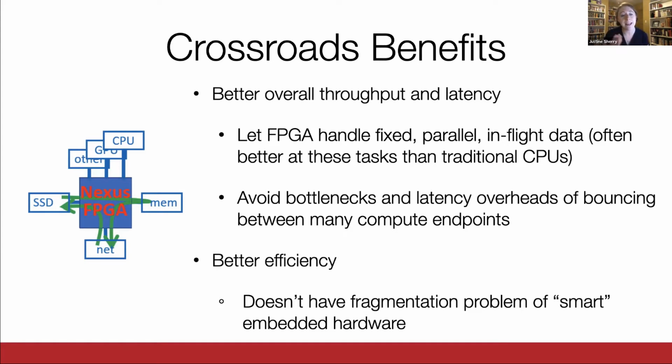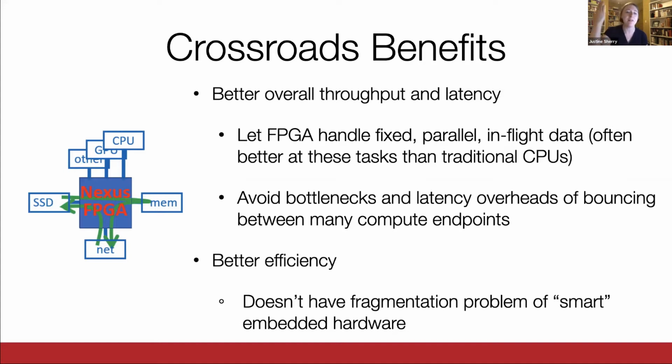Benefits here are that we can have the best FPGA parallel, highly pipelined streaming application performance. We know that in practice, FPGAs are often even better at these tasks than traditional CPUs. But just sort of in terms of where data is moving in the system, we're avoiding the bottlenecks and latency overhead of bouncing between many compute endpoints, because the FPGA is naturally on the data path between the compute endpoints.